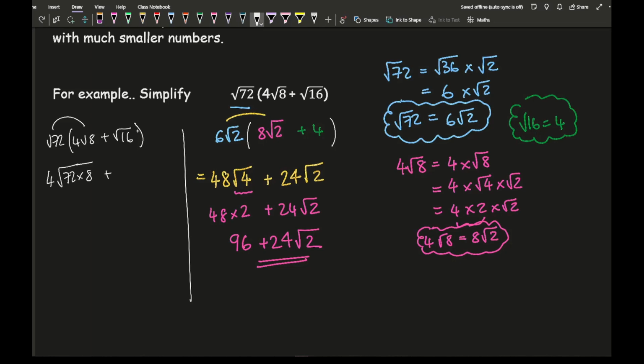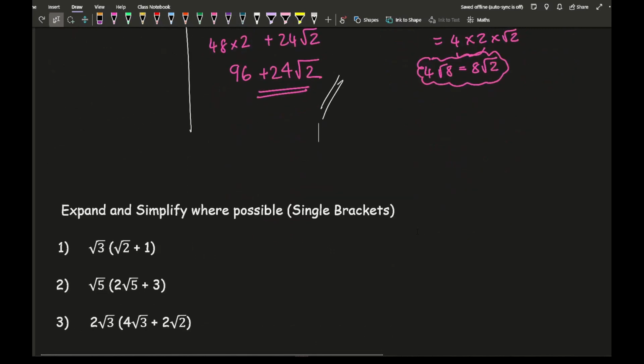And then I've got 72 times root 16, which again is going to be very, very fiddly to work out. I'm going to have to do some long multiplication to work out what each of those are. And you can see though, by simplifying it, it's a lot quicker to do, and definitely will stump you if you had this question on a non-calculator paper.